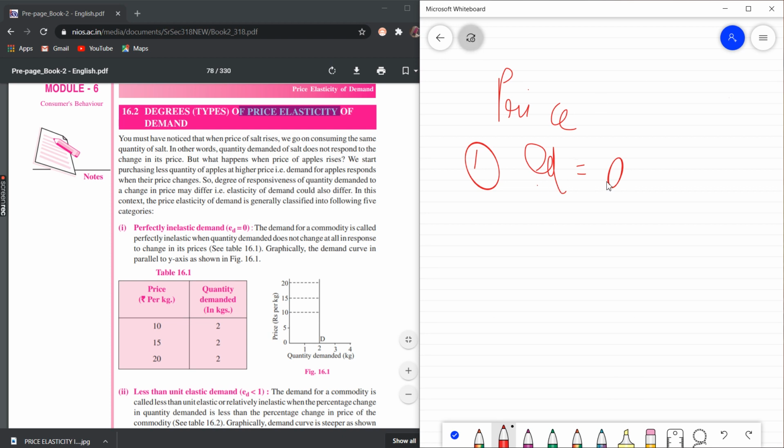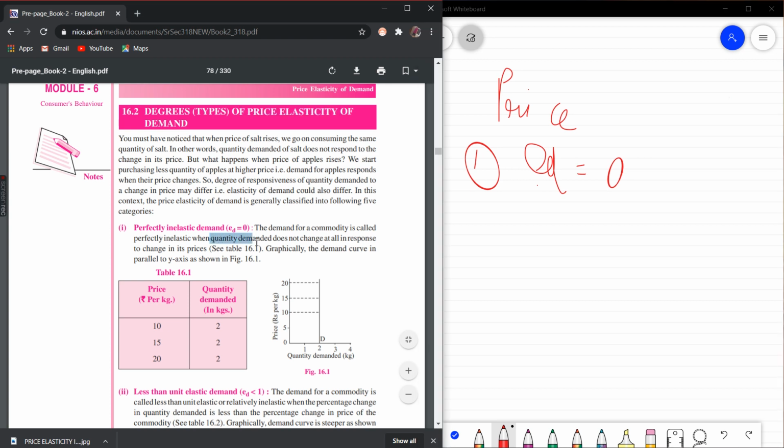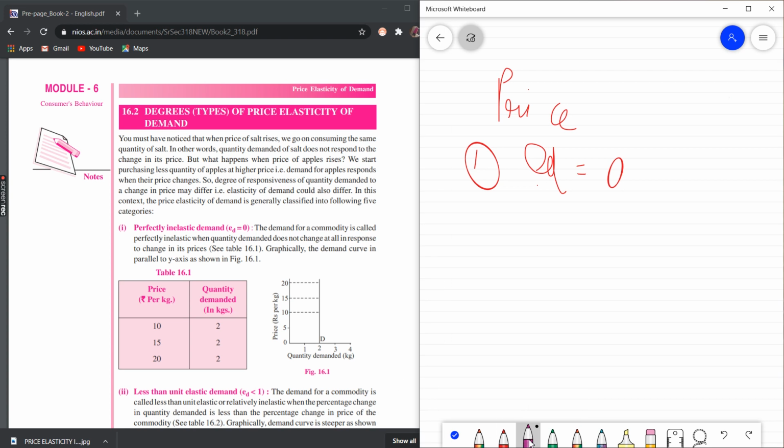Okay, what happens to this is when quantity demanded does not change at all in response to change in price, there will be no change in quantity demanded. Even though there may be increase in price or decrease in price, the quantity demanded will not change at all. So how will this demand curve be?